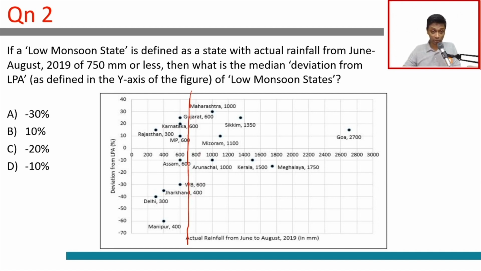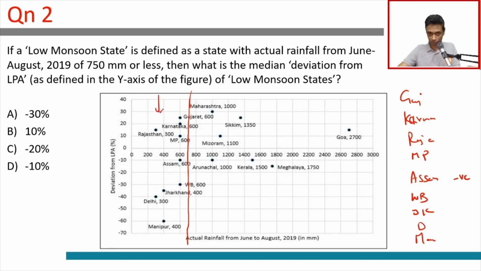And so the highest deviation is Gujarat. Then is Karnataka. Then it's Rajasthan. Then it's MP. Then it's Assam. Assam slips into negative territory. Then West Bengal, Jharkhand, Delhi, Manipur. I'm just going from top to bottom.